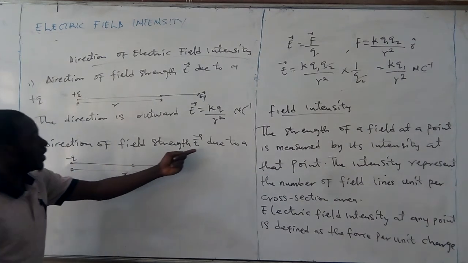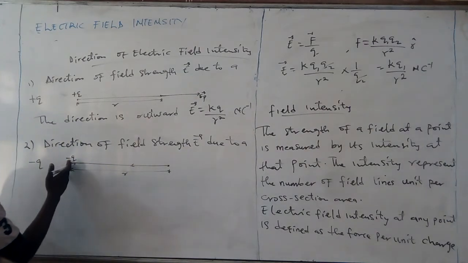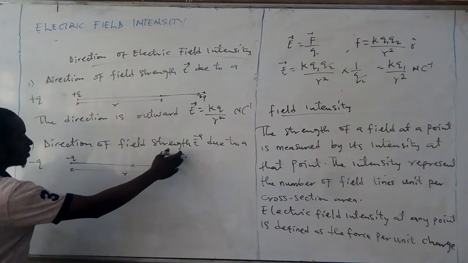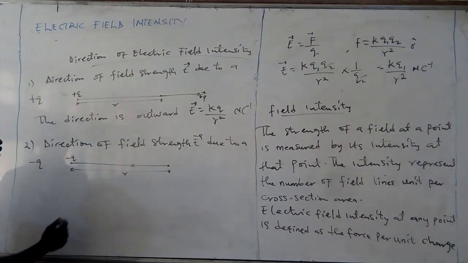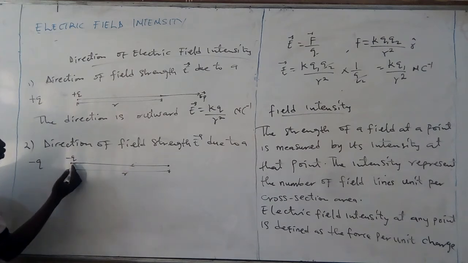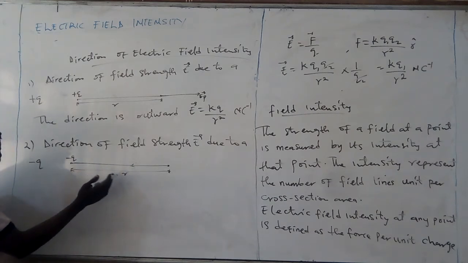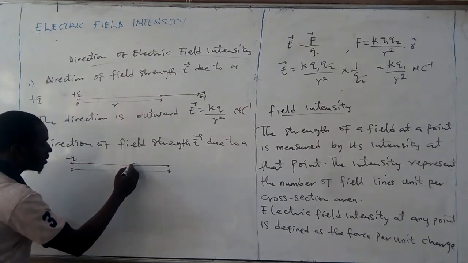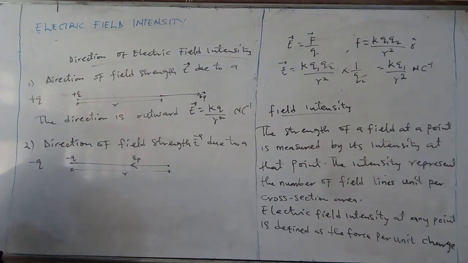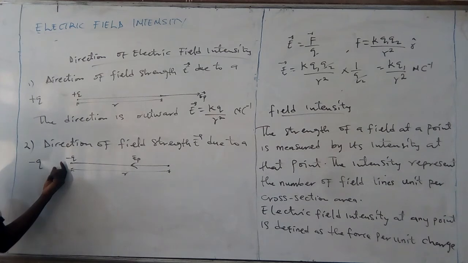Since we also have a negative charge, our test charge is a positive charge. So if a positive charge is moving closer to this negative charge, then they will attract each other. Then the direction of our electric field at point P will be in this direction.